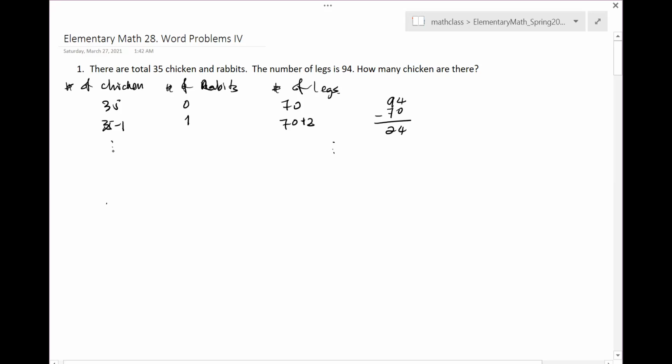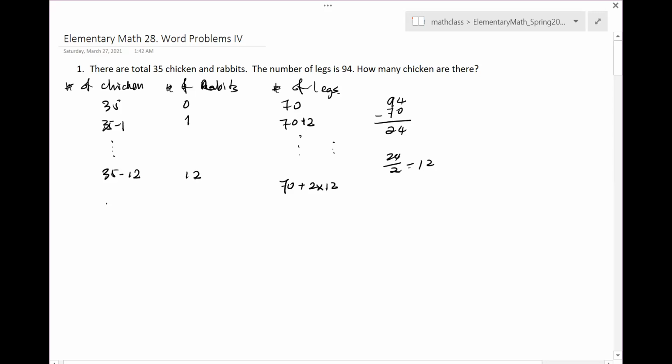So 24 divided by 2 is 12. So you have 70 plus 2 times 12, then you get 94. So that's why I have to subtract 12, and this will be 12.